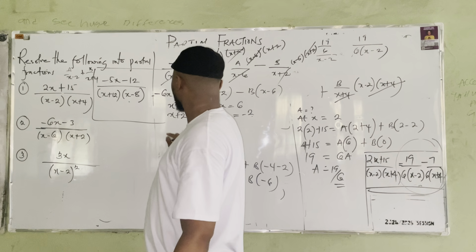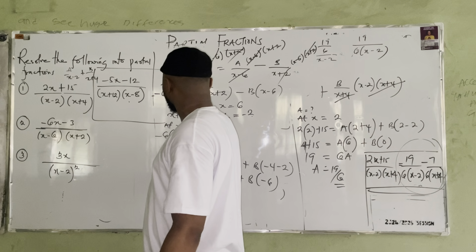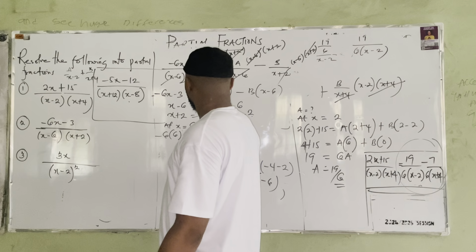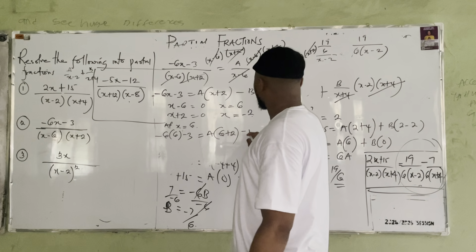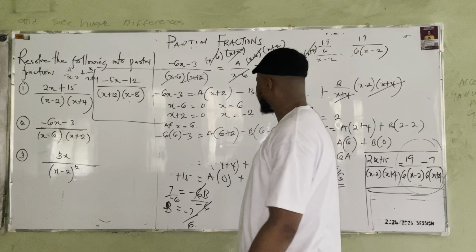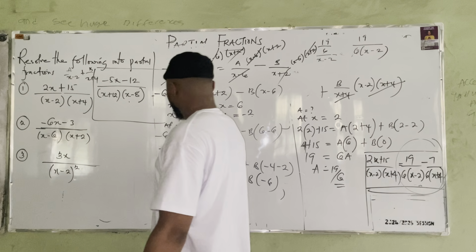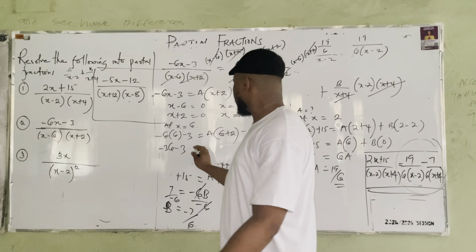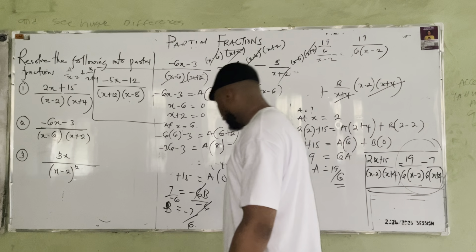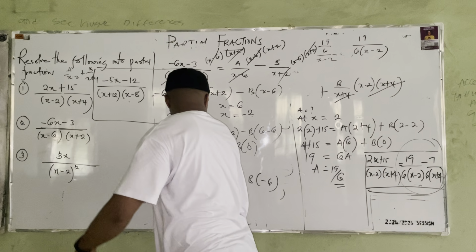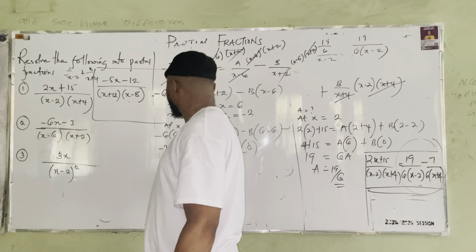We substitute. So we say at x equals 6, substitute: minus 6 times 6 minus 3 equals a bracket 6 plus 2 minus b bracket 6 minus 6. So minus 6 times 6 will give us minus 36. We have minus 36 minus 3 equals a bracket 8 minus b times 0. So minus 36 minus 3 will give us minus 39.